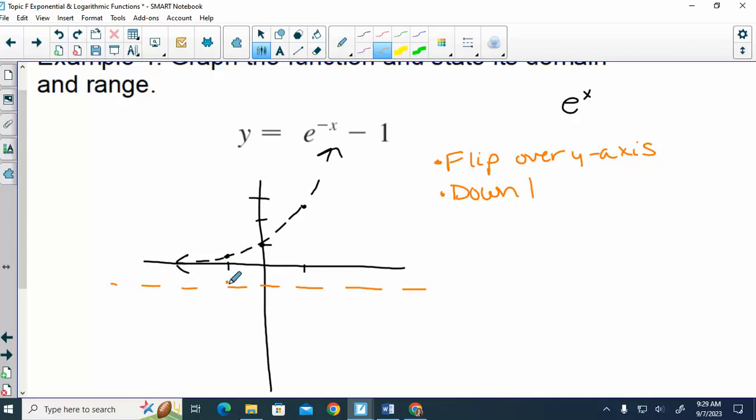So move each of these points down 1. Oh, but then I have to flip it over the y. So when you flip, this one wouldn't change. This one will come over here, and this one goes over here. It looks something like that.